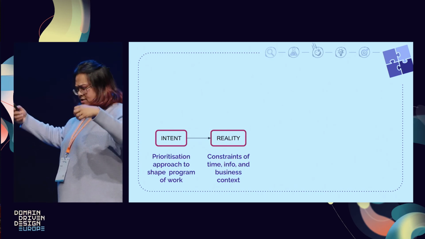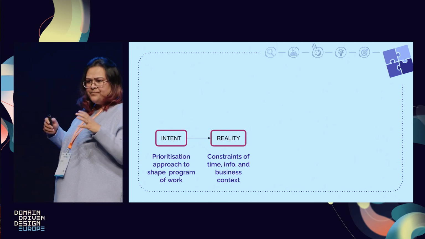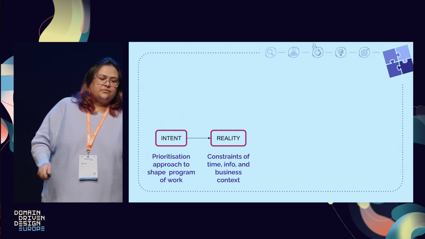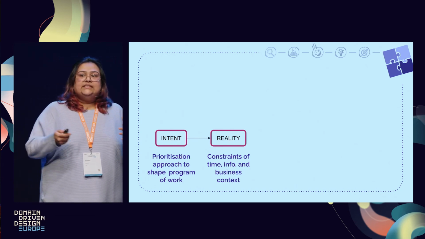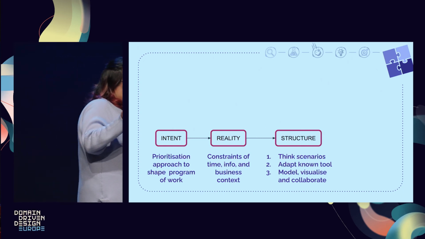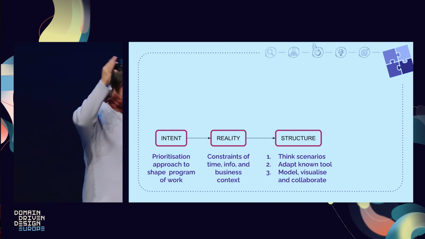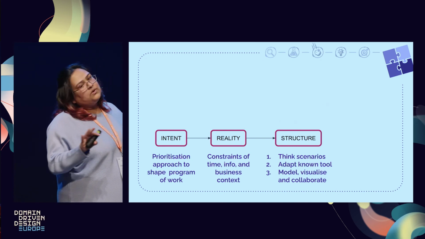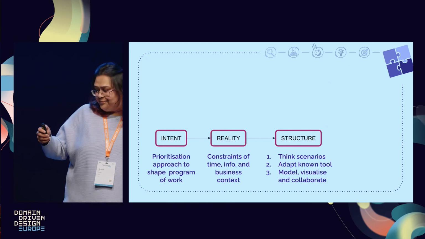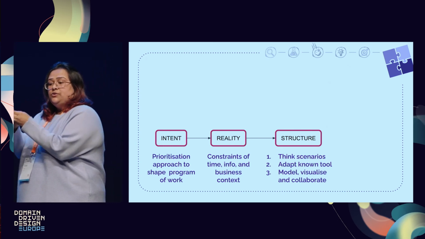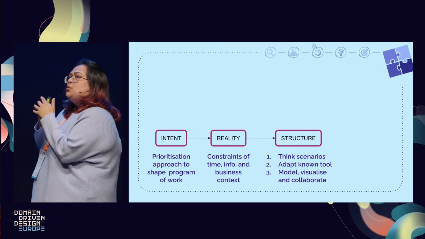So bringing it to the framework, our intent was to have this prioritization approach. We were constrained by the reality of time and money, because if we had infinite time and infinite money, perhaps no one would be talking about prioritization. And then the structure we used was to think about, what's the purpose?